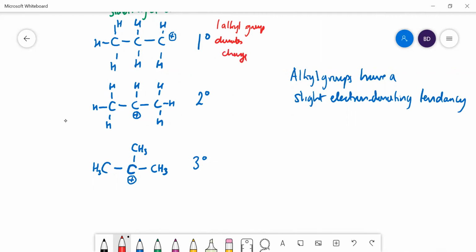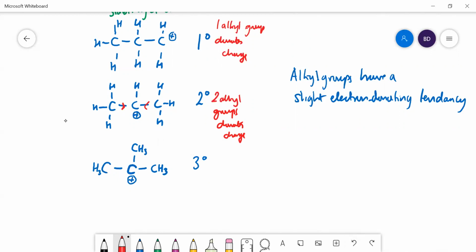With the secondary, you can see there are 2 alkyl groups. There's that methyl group there, and that one methyl. And again, a methyl group is as good as an ethyl, as a propyl, as a butyl. It doesn't matter how many carbons are in it. It's just the fact it's an alkyl group that makes it donate charge. So that's got 2 alkyl groups donating a bit of charge. That positive charge is going to be slightly less intense than that one, because you've got two lots of alkyl groups pushing in. That makes it more stable.